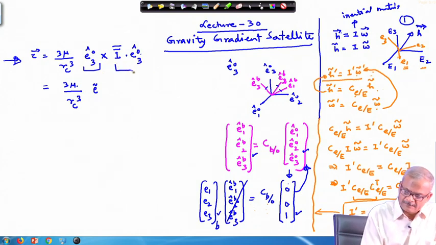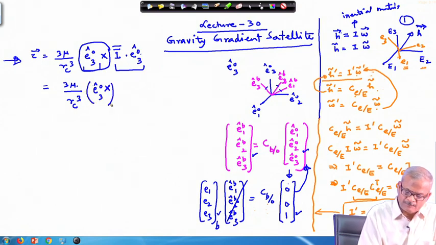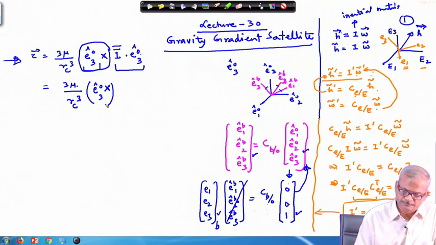So, we have converted this time this cross, E cap 3 cross, because this is a unit vector. And then I double bar dot E cap 0 3. So, this part we can accordingly change.